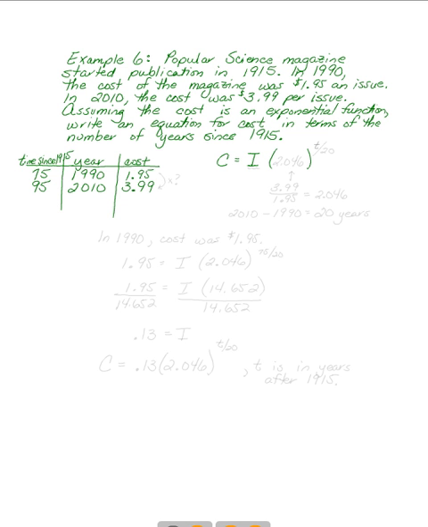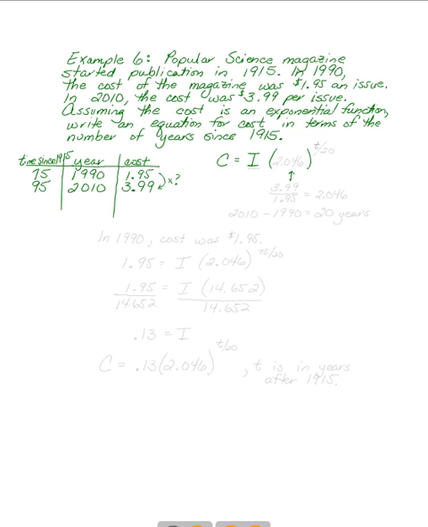Next thing we need is the multiplication constant that goes in there. So what is our multiple for our exponential function? We're going to do the same thing to get that number that we did in example 5. So what we're looking at is the change between $1.95 and $3.99. What number would we multiply by in order to get a change from $1.95 to $3.99?